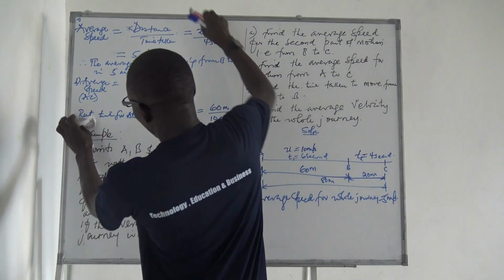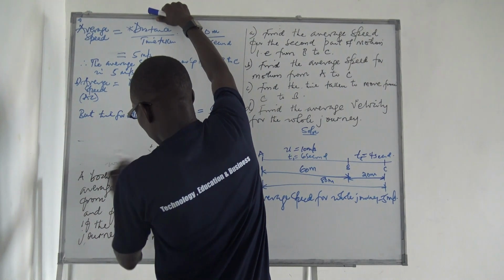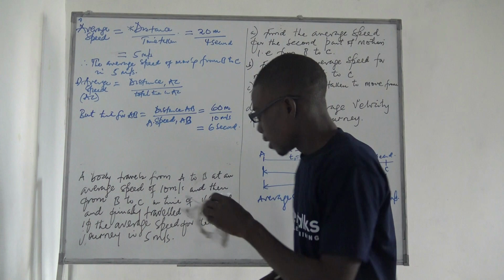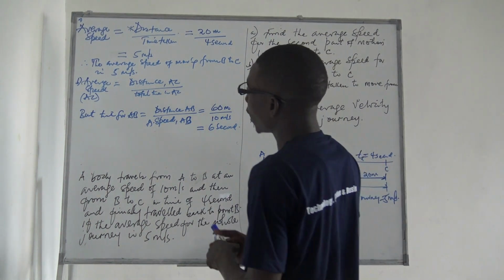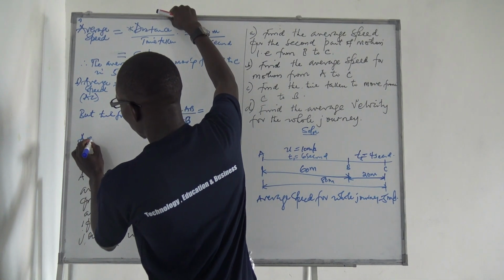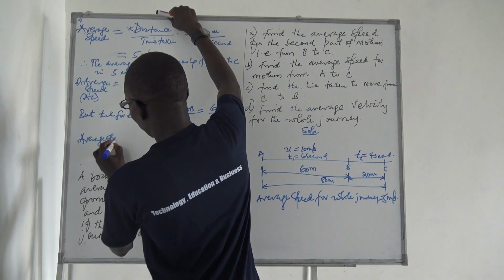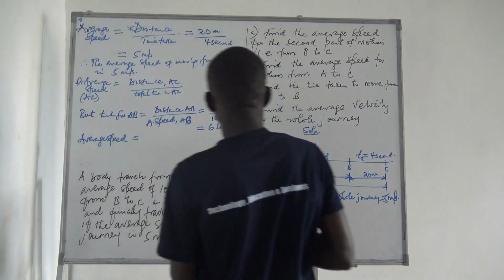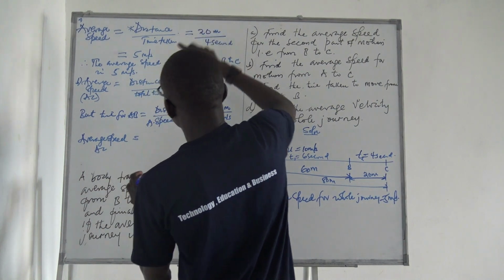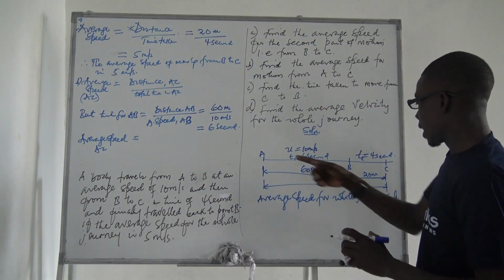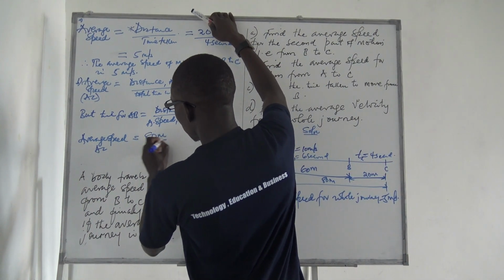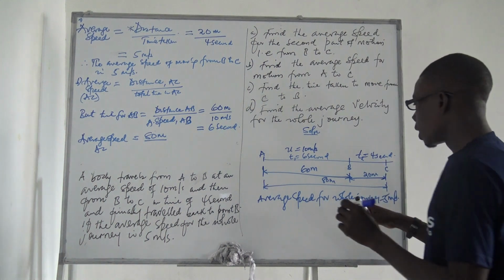So, now, after doing that, we are now going to substitute in our formula, and now we shall say average speed is equivalent to distance AC. Our average speed in AC will be equivalent to the distance AC, which is 80 meters, divided by the total time in AC.